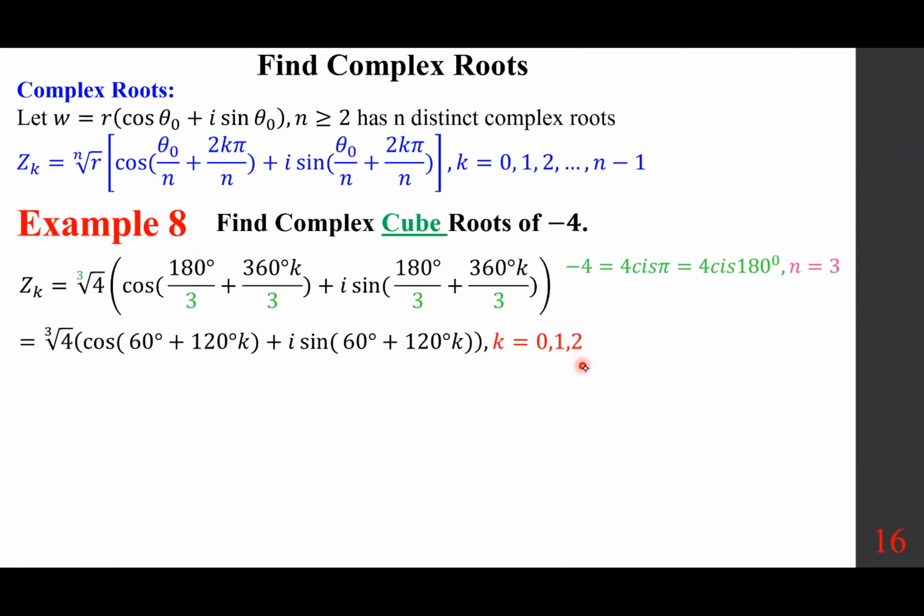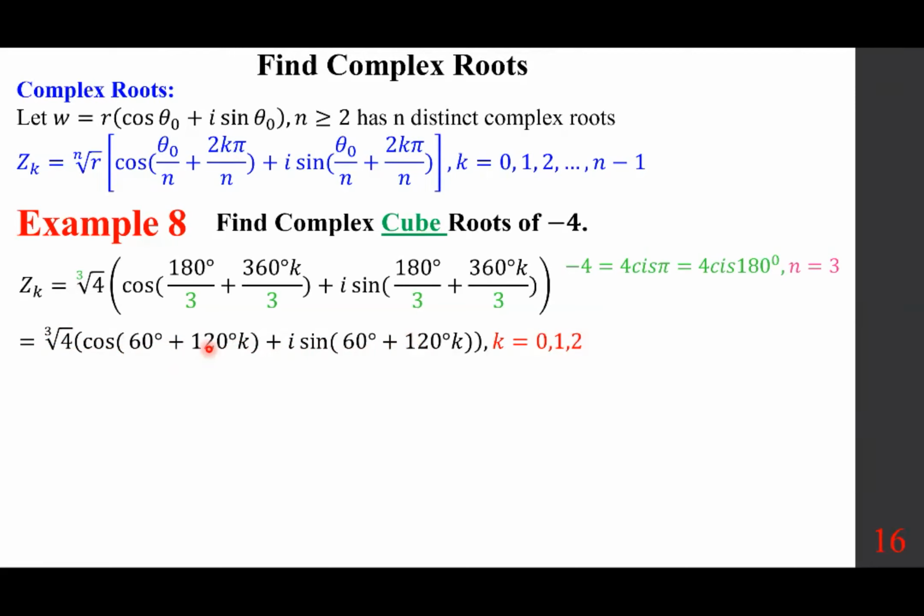Now, notice what's going to happen. If I replace this with 0, the answer is cube root of 4 cosine of 60 degrees plus i sine of 60 degrees. If I replace it with 1, 60 and 120 is 180 degrees. So cube root of 4 cosine of 180 degrees plus i sine of 180 degrees.